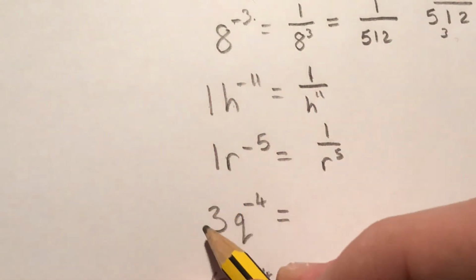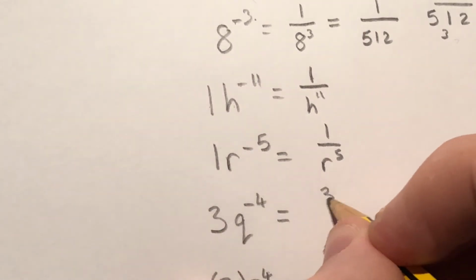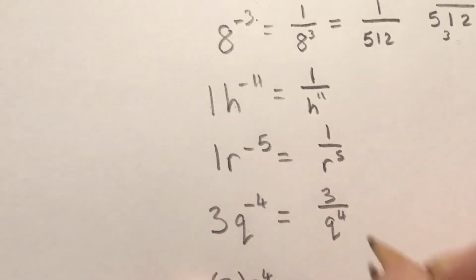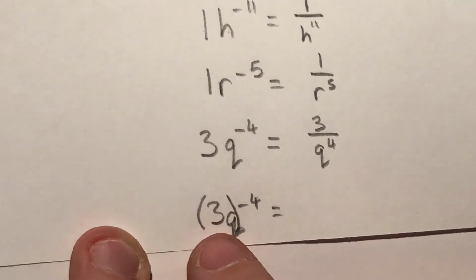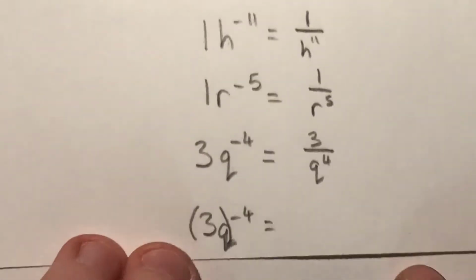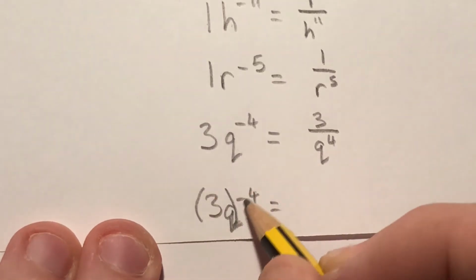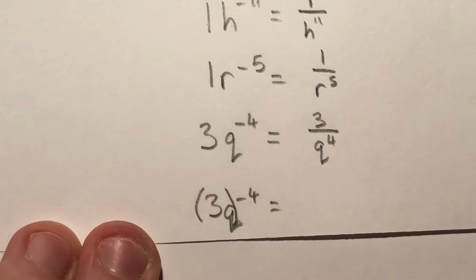So hang on, that means that on the top this time, I've not got 1, I have in fact got 3. On the bottom, q to the power of 4. Now that's different from this example. And again, looking back at rule 3 of indices, we know that if we've got everything in a pair of brackets and the power on the outside, everything must be raised to that power.